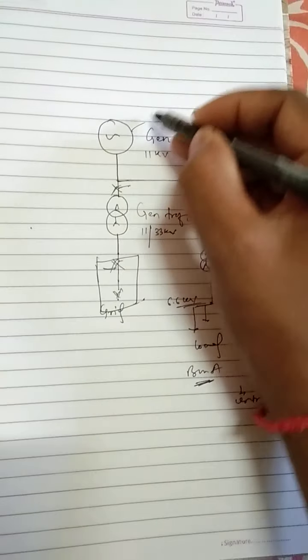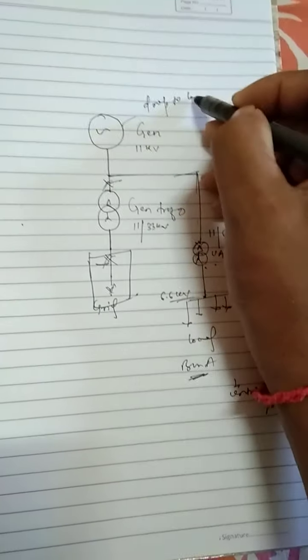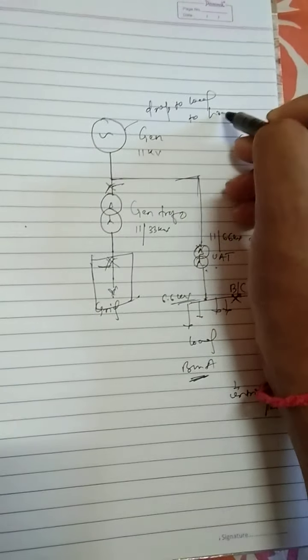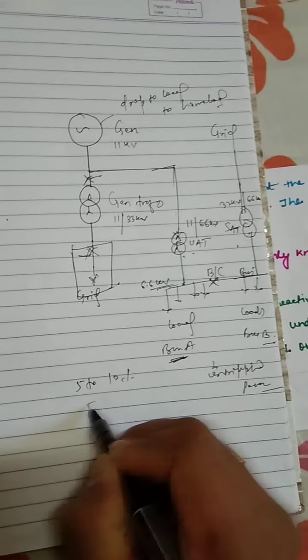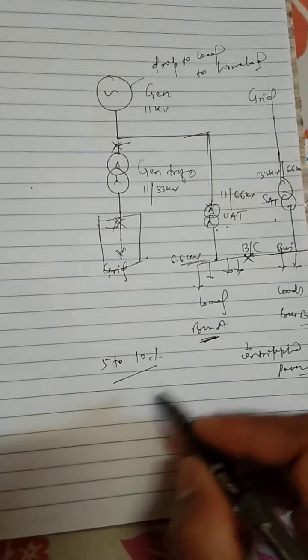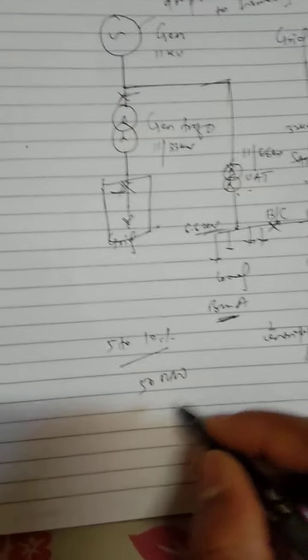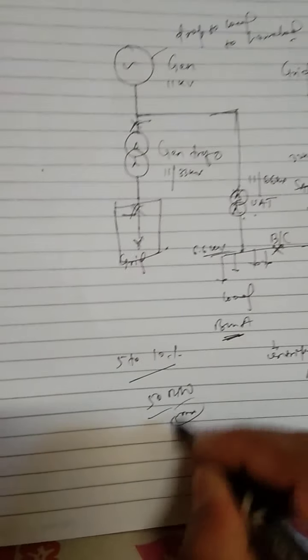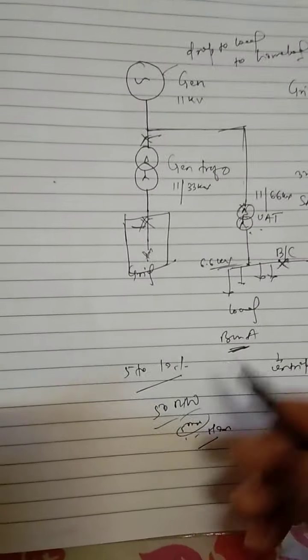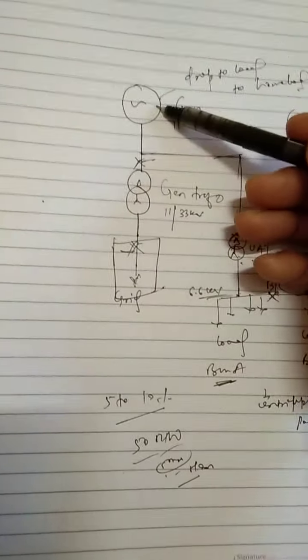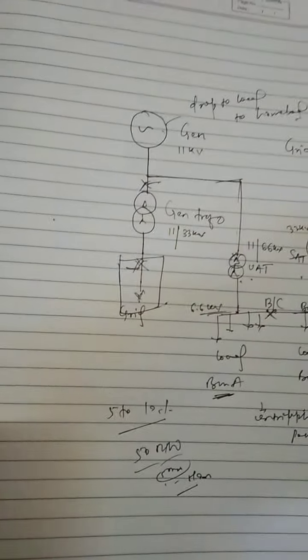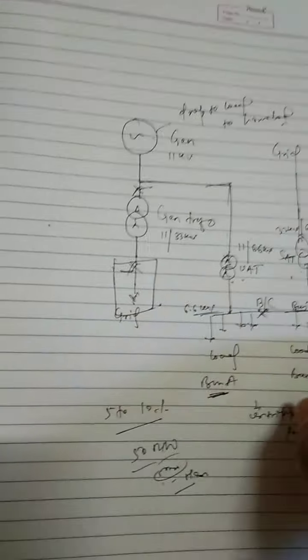Of course, we have to drop the load to the home load. Normally 5 to 10% is home load in a captive power plant. If we generate 50 megawatt, then 5 megawatt will be your home load. So it will come down to 5 megawatt, that means the load will be thrown off and it will generate only 5 megawatt.